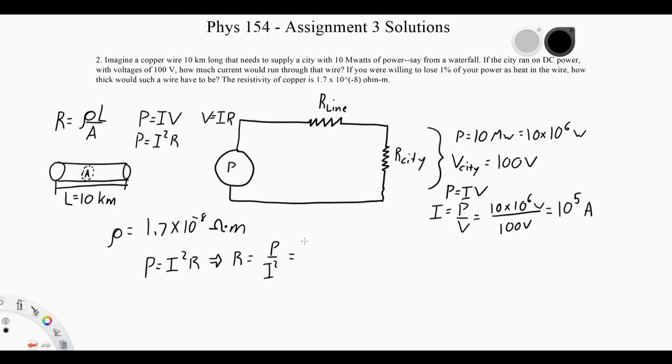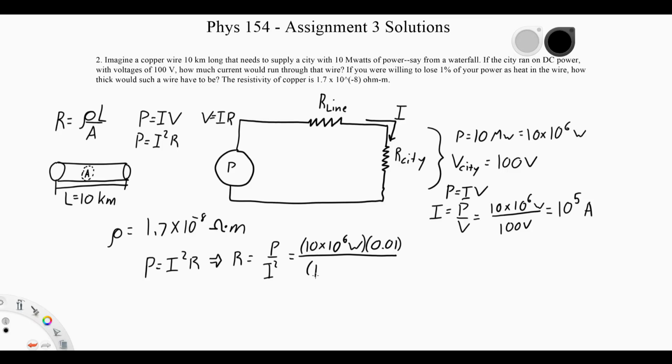Plugging in P, we have 10 times 10 to the 6 watts. But remember, we're only going to dissipate 1% of this. So we're also going to multiply it by the fraction 0.01, and divide by the current we found, because the current that's going through the city has to be the same current that's going through the rest of the wire, because there's nowhere for it to branch off.